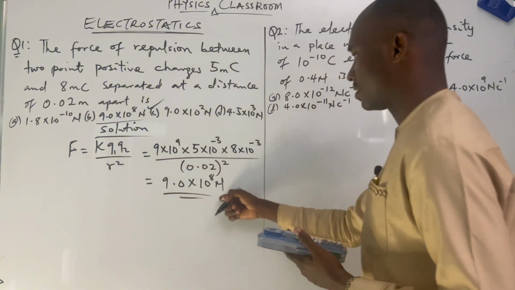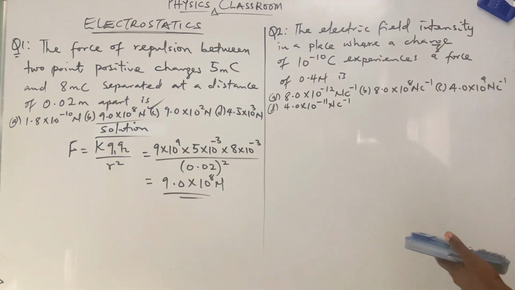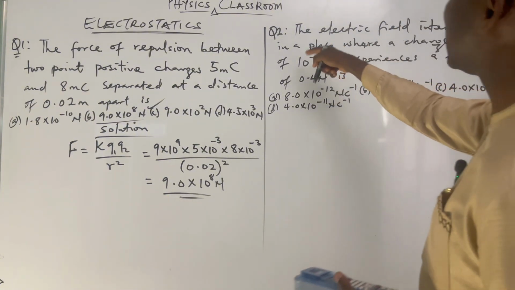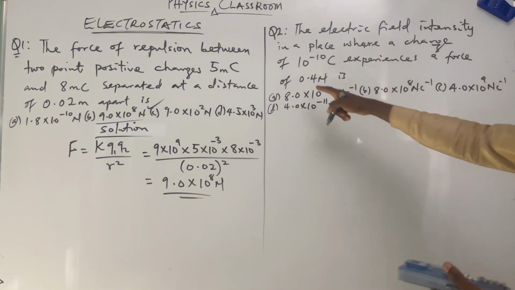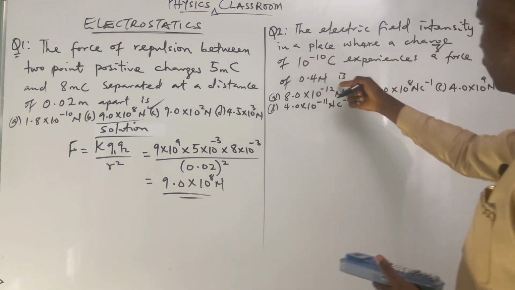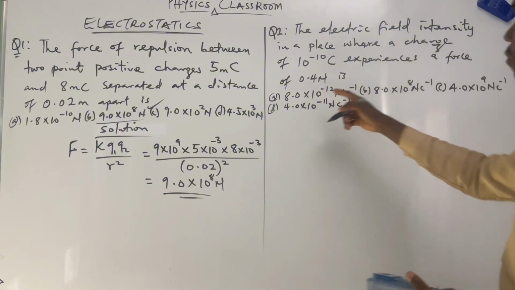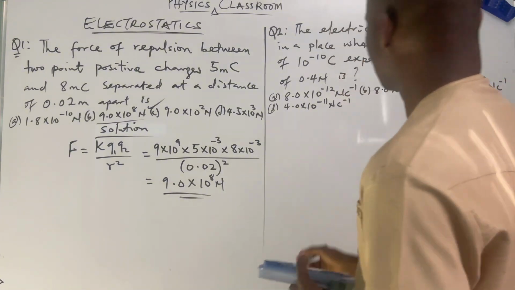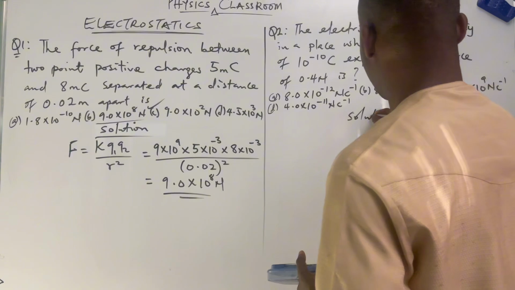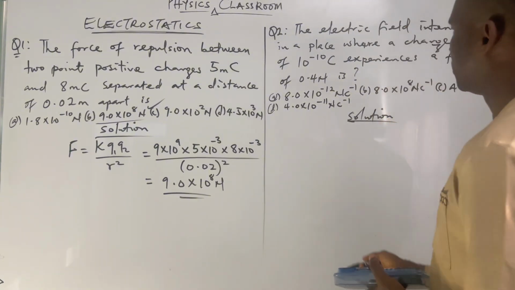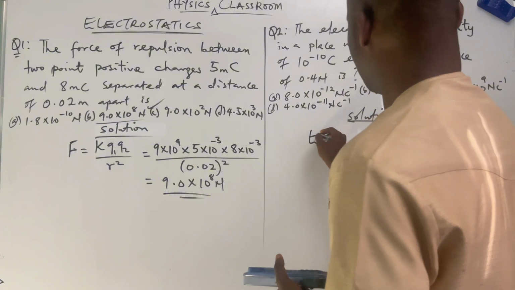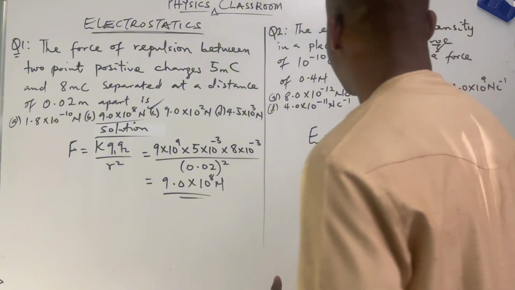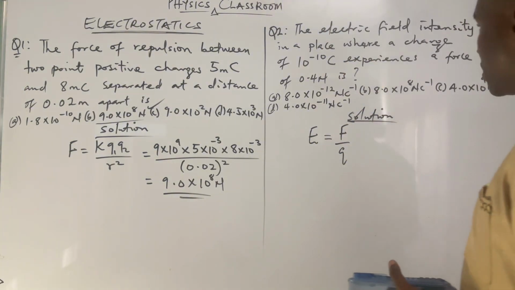Please take note of this. This is very important. Question 2 says, the electric field intensity in a place where a charge of 10 raised to the power of minus 10 coulomb experiences a force of 0.4 Newton is, this is as well very easy to solve. You recall that electric field intensity is equal to F all over Q, force per unit charge.